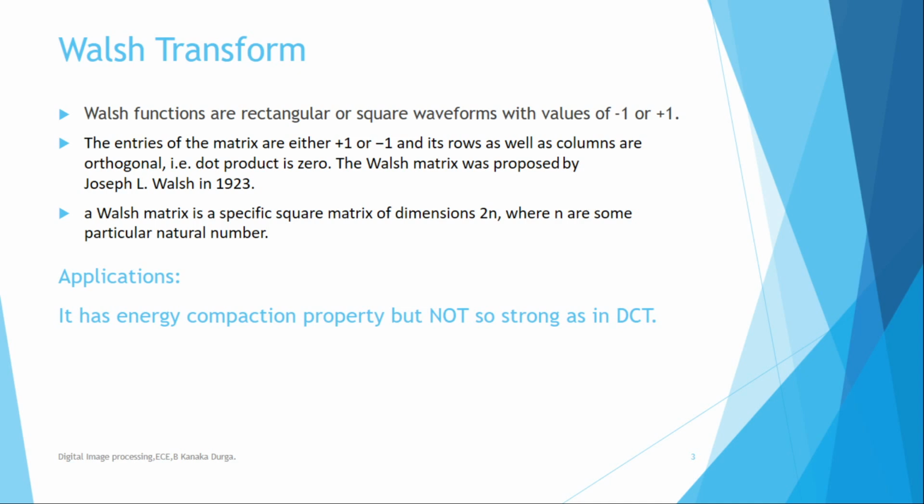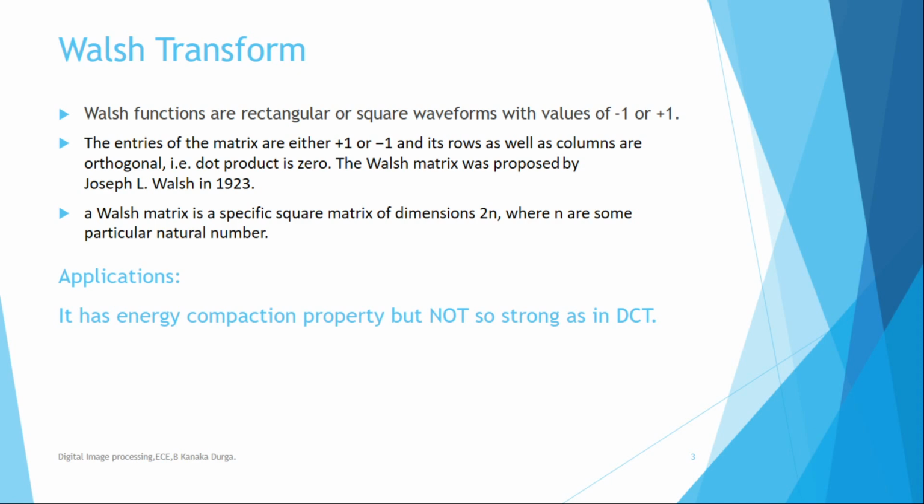So in order to convert the image from the spatial domain to the frequency domain, I am considering a basis function, or a base, for representing from the time domain to the frequency domain. The waveforms are rectangular and square waveforms.